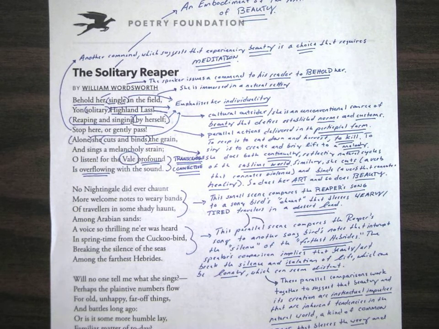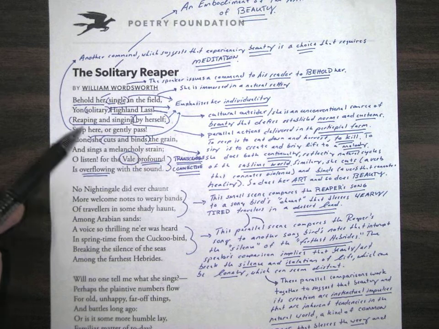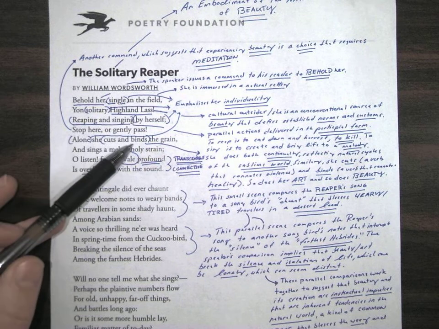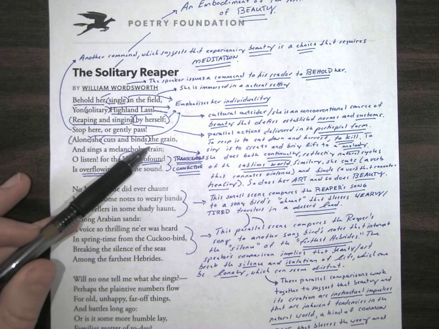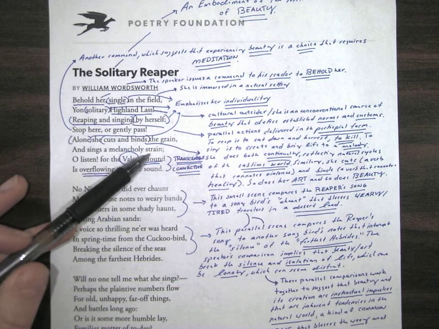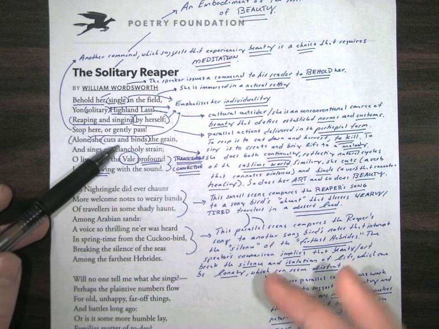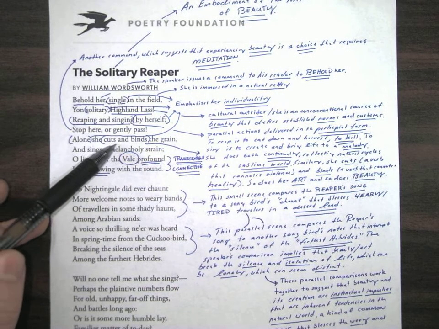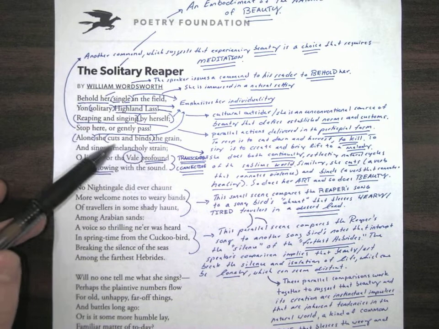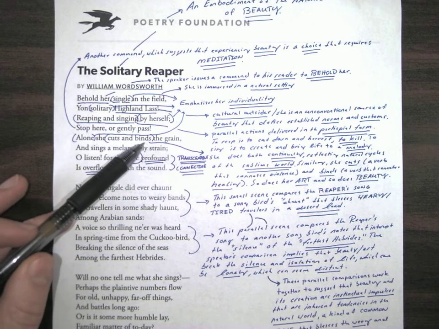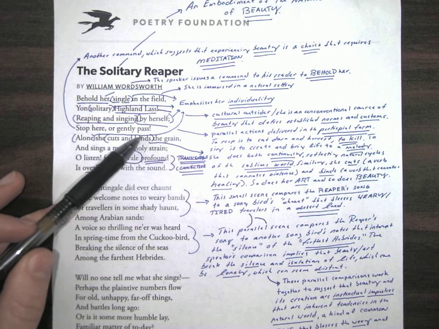Okay. Similarly, a little bit two lines later, she cuts and binds the grain and sings a melancholy strain. Okay, these two juxtaposing verbs here, cuts and binds. One has violent connotations, cuts, and one has healing connotations, binds.